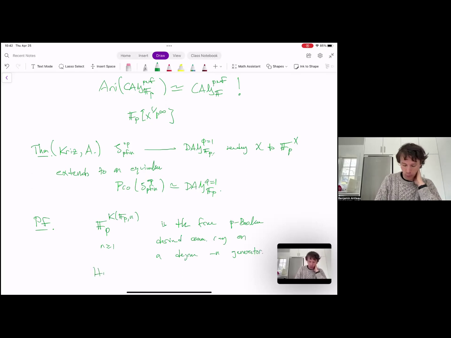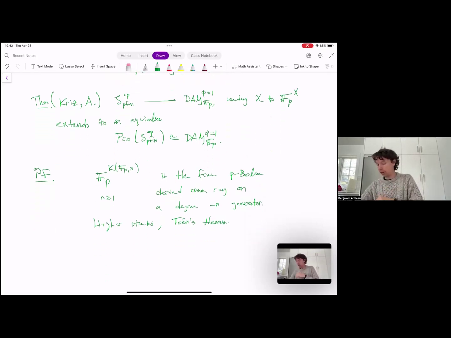And to do this, the proof I have uses higher stacks and Toën's theorem about them. I don't really have time to say much more about that proof, but in the end you have to check something like that, and you do.